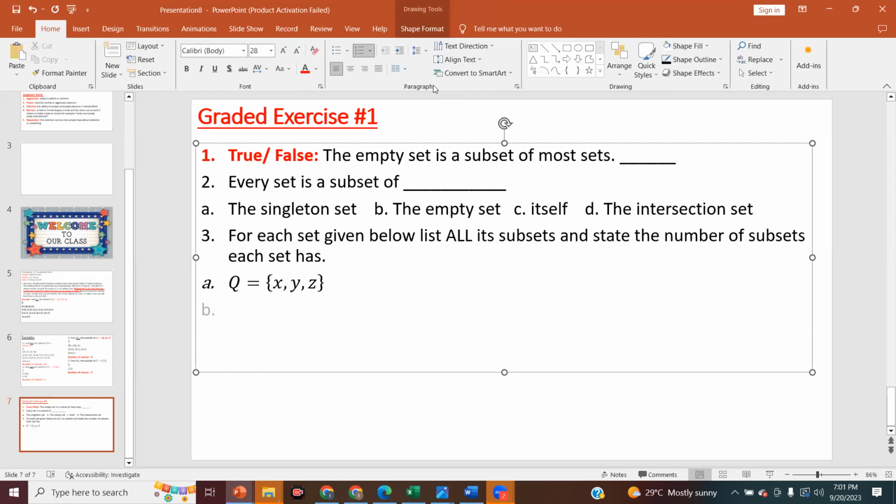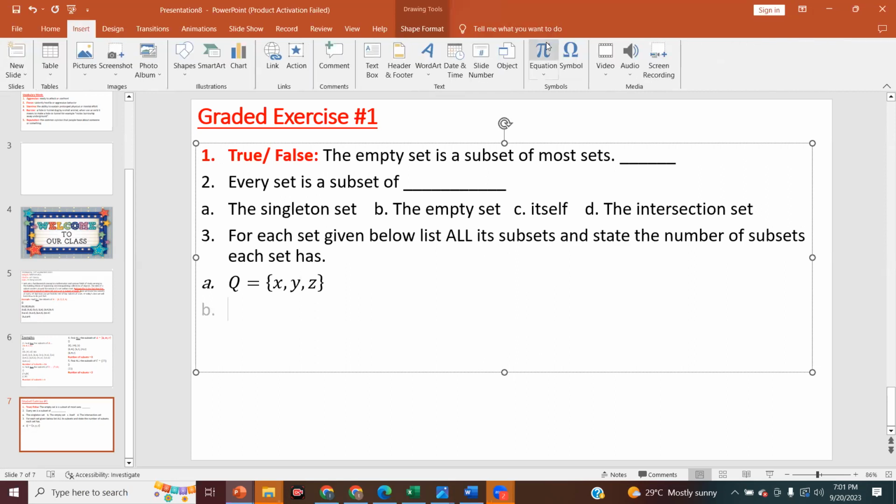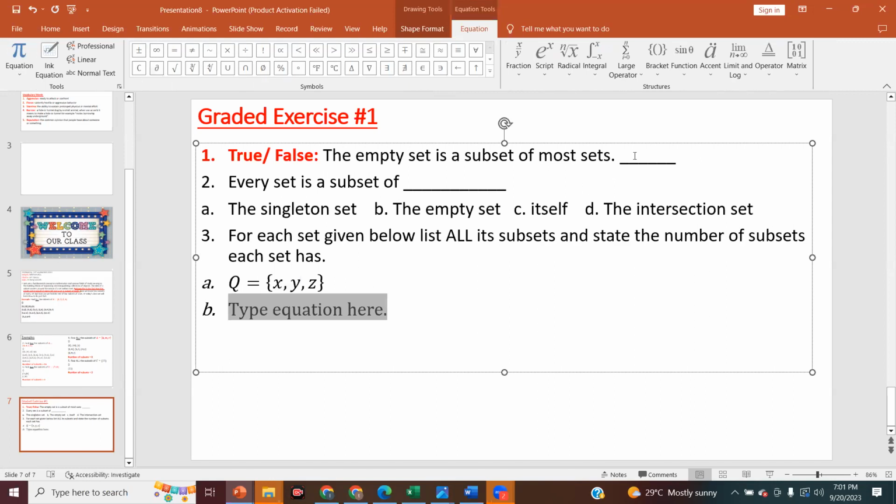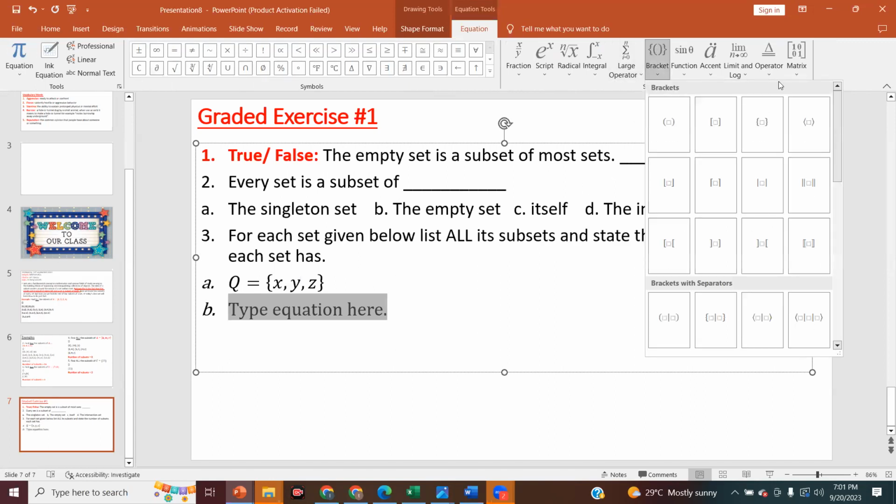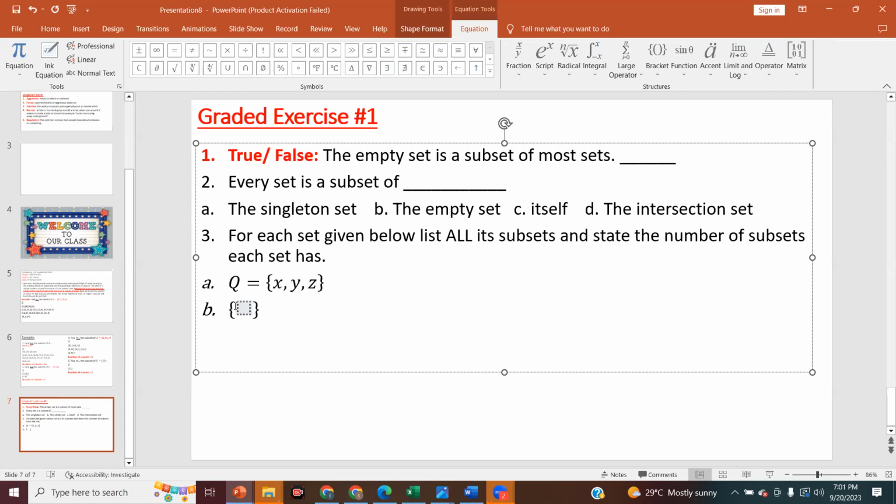Say we have set M. And set M has 77, 88, 99.